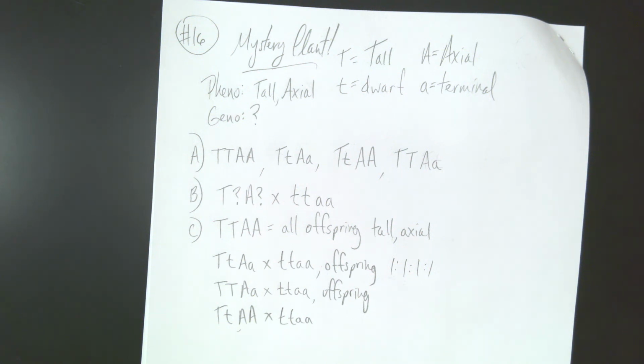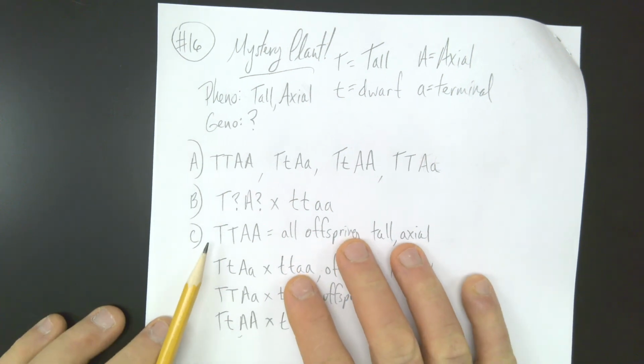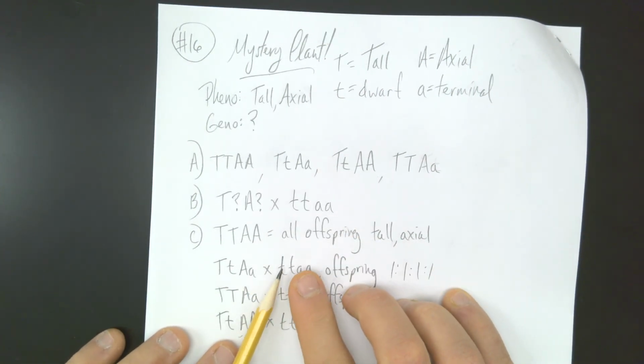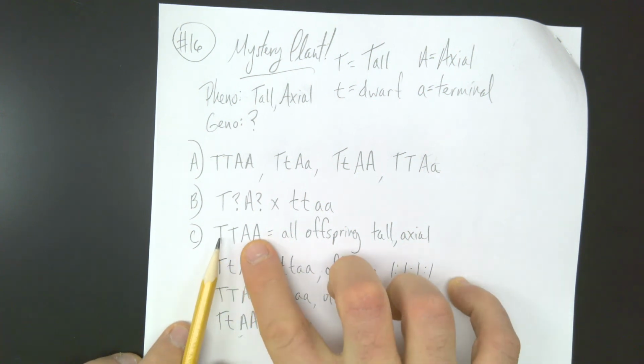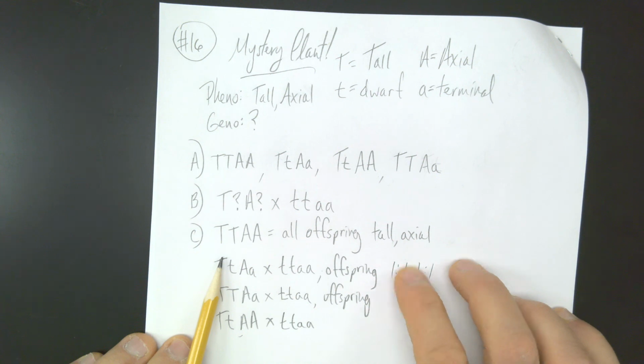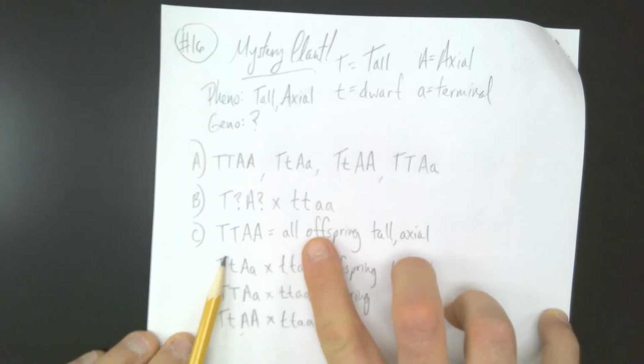I think that walks us through part D. Explain how the results and your predictions will help you learn the genotype. Well, the beauty of this is using a test cross. You know what one of the parents would be, and you know that there are these possible outcomes, and then you just look at the ratios. If all the offspring are tall and axial, that tells you one thing.